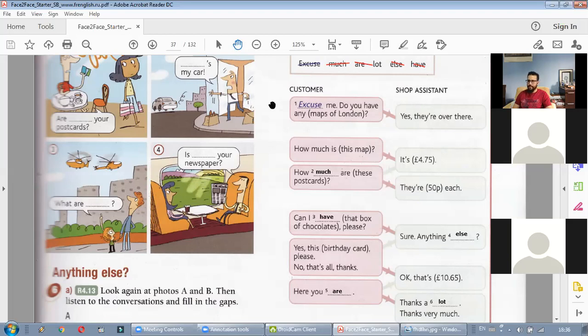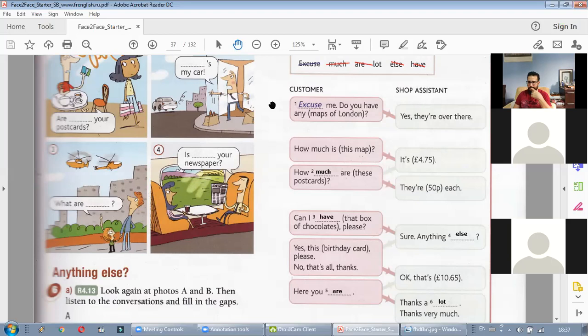Can I have that box of chocolates, please? Sure. Anything else? Yes. This birthday card, please. There are two answers, and to keep the conversation going you take the first one.